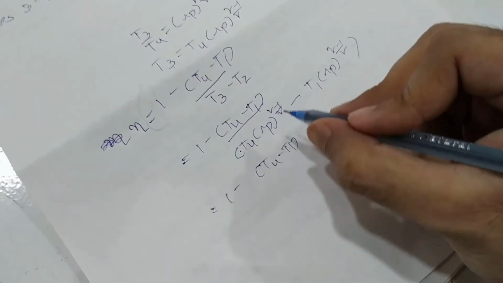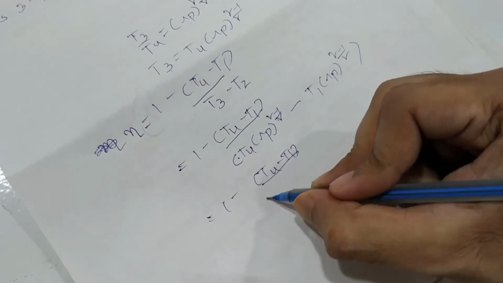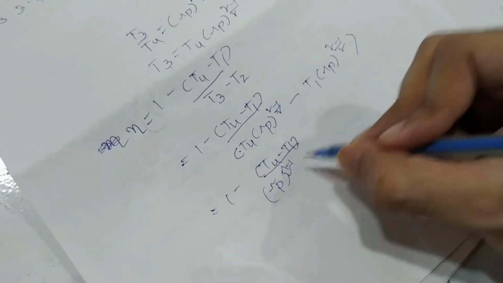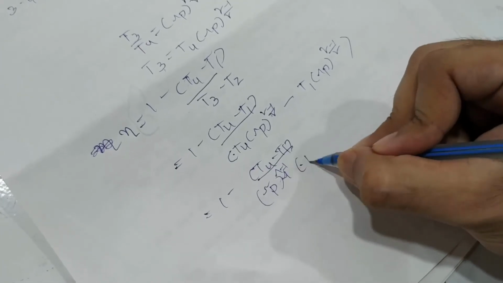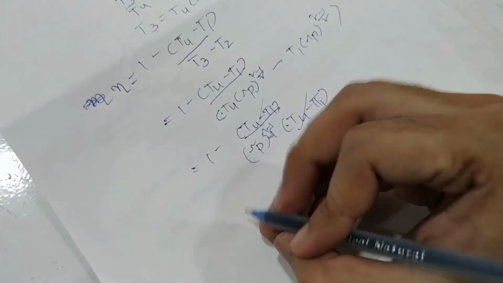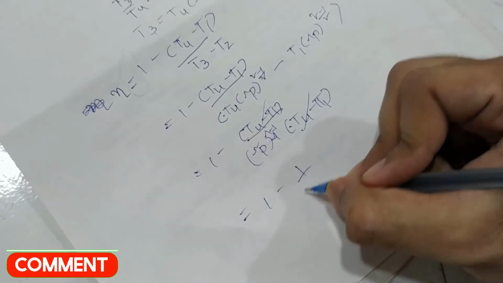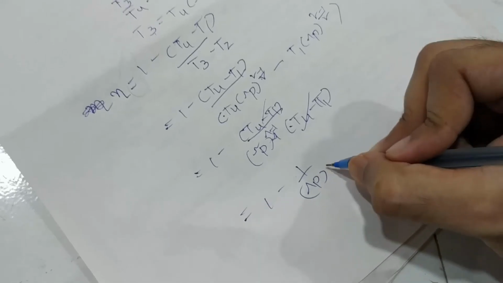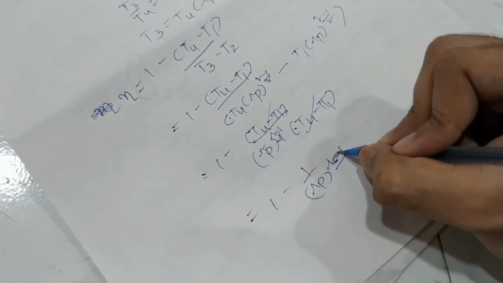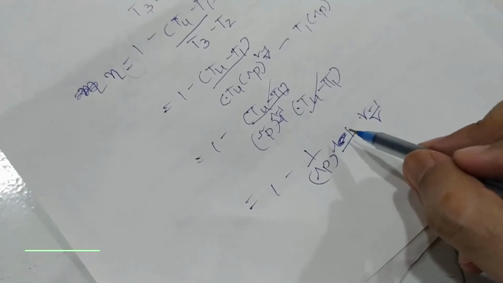I can take Rp raised to gamma minus 1 upon gamma as common, and this equation will become T4 minus T1. I can cancel both of these, so the equation will become simpler.